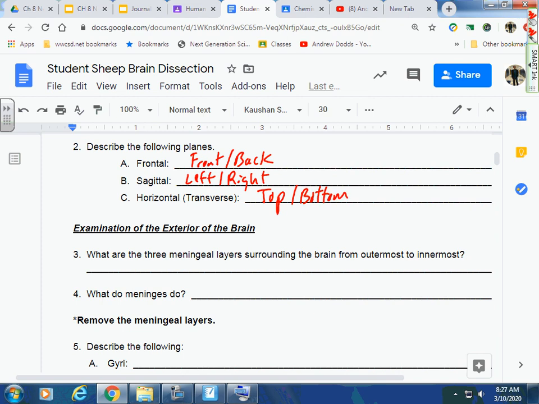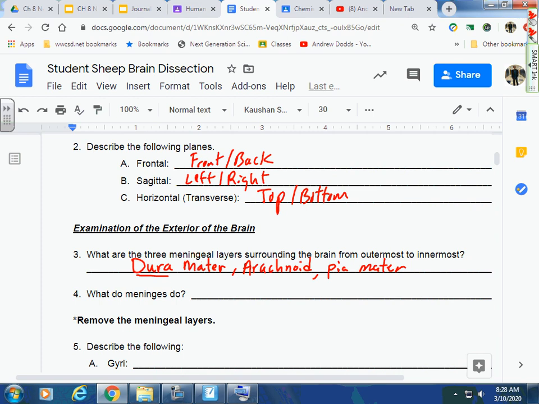All right. The three meningeal layers: the outermost, which is the one if I quizzed you and asked about meningeal layers, I probably talked about this one. It's the main one in terms of our sheep brain dissection because we could see it easily. We removed it. Underneath that is the arachnoid layer, and underneath that would be the pia mater.